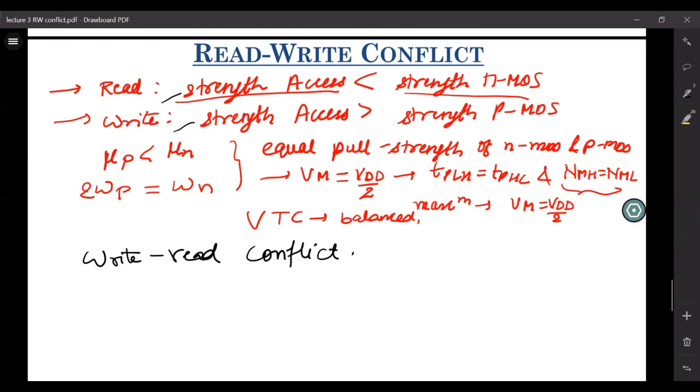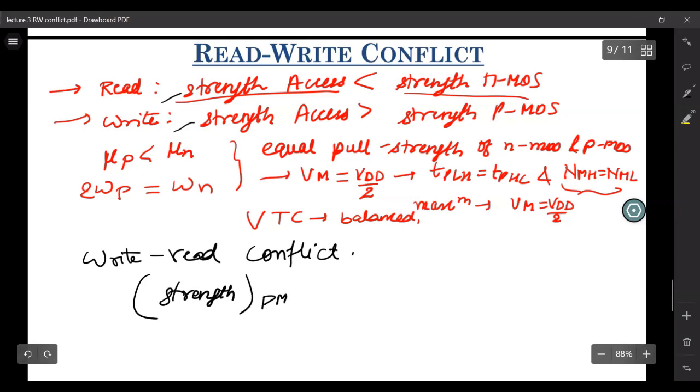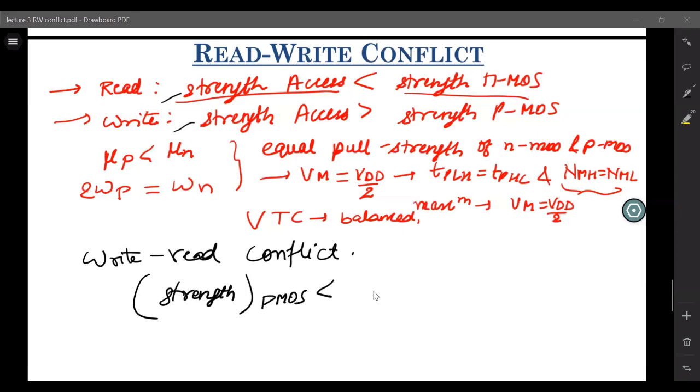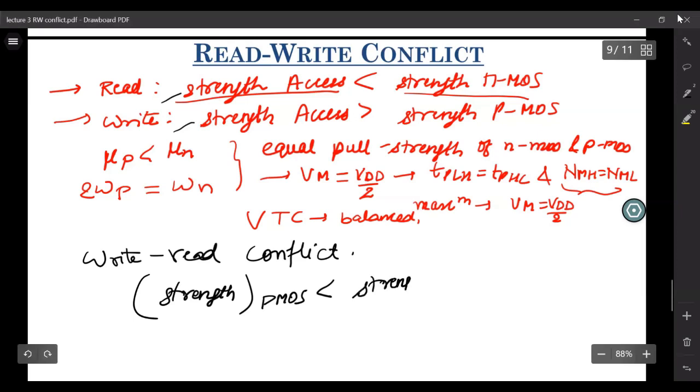So for this, how typically your 6T SRAM cells are designed, you have the strength of PMOS of the inverters as the least, as compared to the strength of your access transistors, and the maximum strength is the strength of your NMOS transistors.